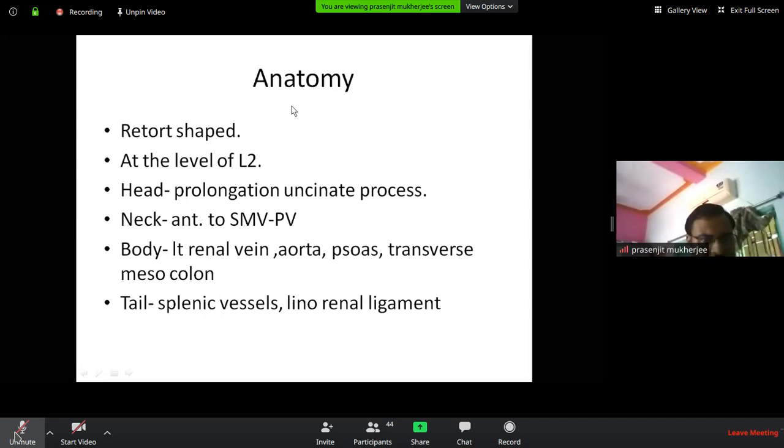So while ligating the splenic vessels, we have to be very careful about the tail of the pancreas, because if you accidentally ligate or injure the tail, there may be pancreatitis. So while doing splenectomy, we have to be careful about the tail of the pancreas.